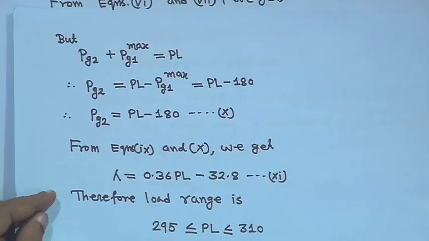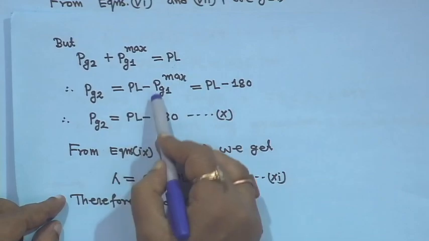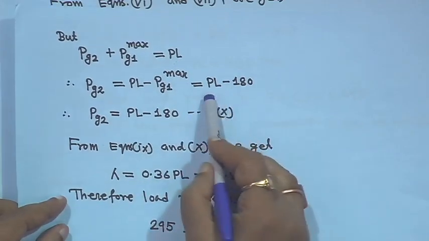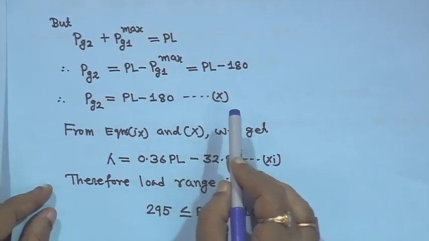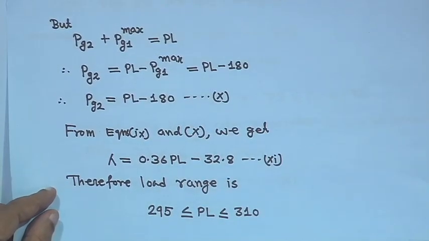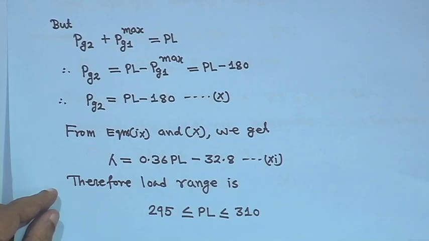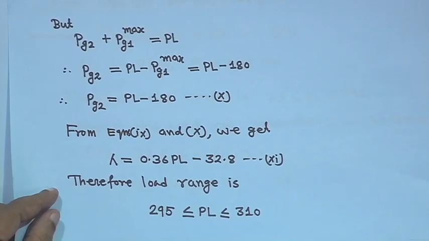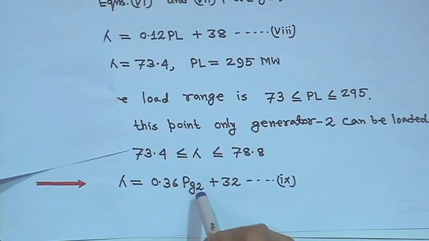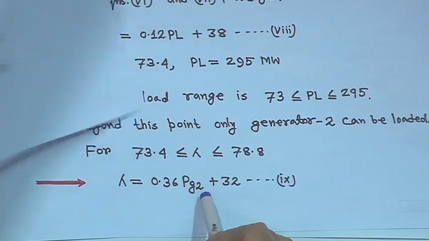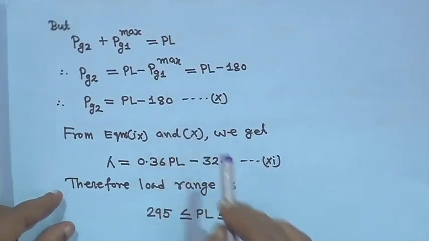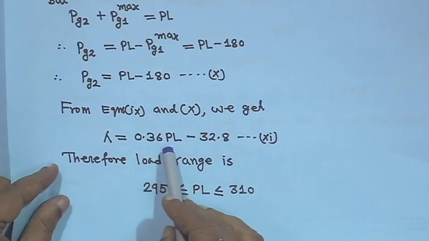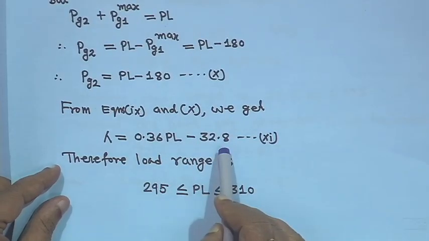So, Pg2 will be PL minus Pg1 max, that is PL minus 180. You substitute Pg2 equal to PL minus 180 in that equation, because 180 is fixed now for unit 1. Therefore, you will get lambda is equal to 0.36 PL minus 32.8.